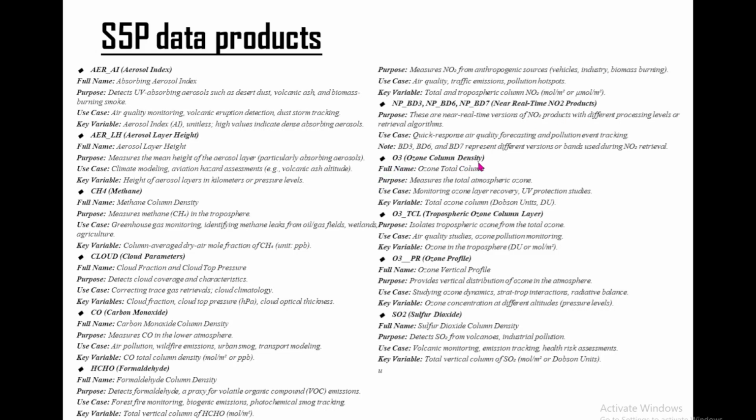Coming to the next, which is ozone column density. Ozone column density measures the total atmospheric ozone. It is used for monitoring ozone layer recovery and ultraviolet protection studies. Total ozone column, Dobson units, is used for its unit. Then a tropospheric ozone column layer.